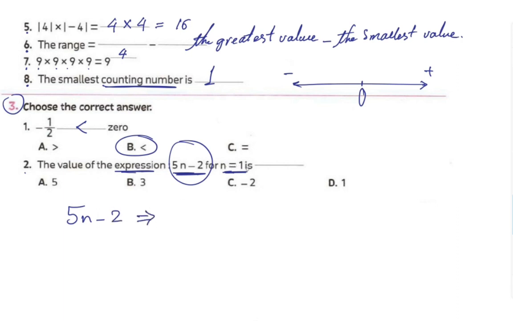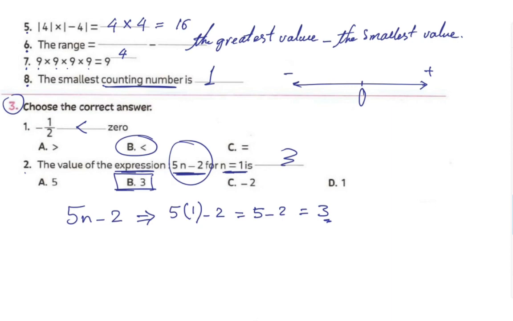Just substitute n equals 1. 5n means 5 times 1 minus 2. 5 times 1 equals 5 first, minus 2, that's equal to 3. So we finished this point. Choose the answer 3.